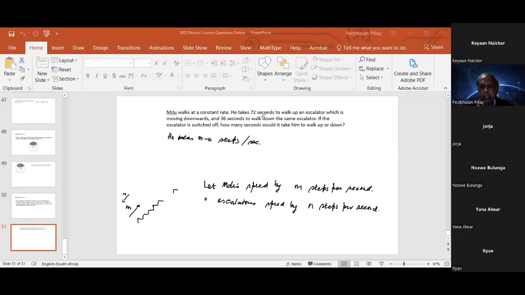And it takes 72 seconds to walk up the escalator. So therefore, in 1 second, it takes m minus n steps. So the escalator has actually got 72 into m minus n steps.